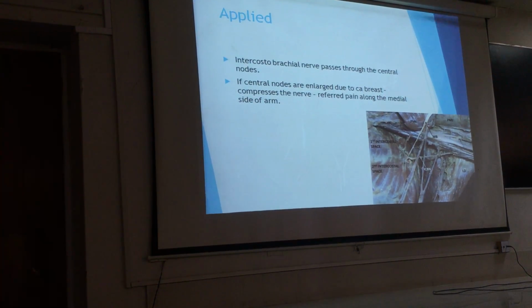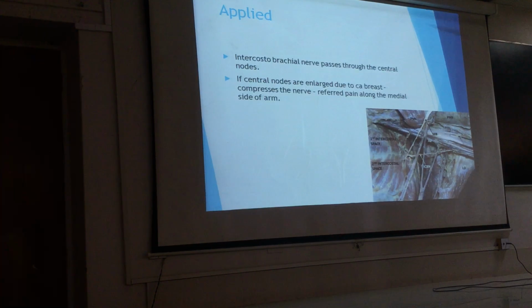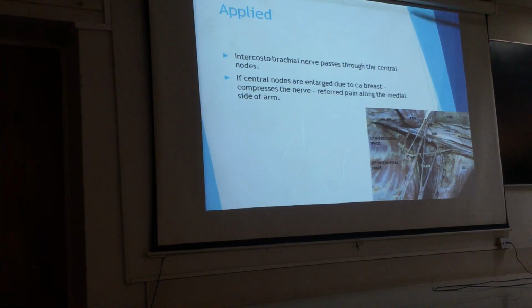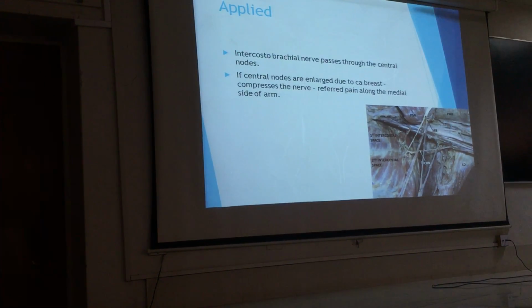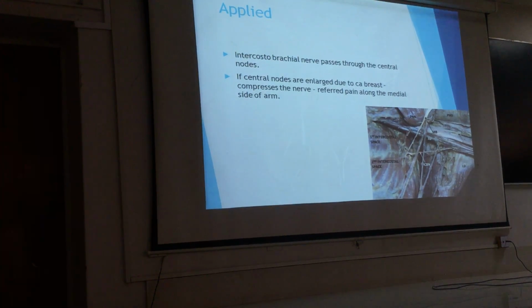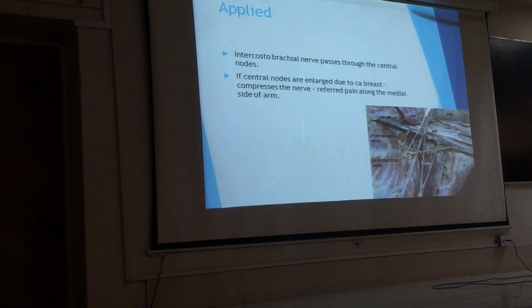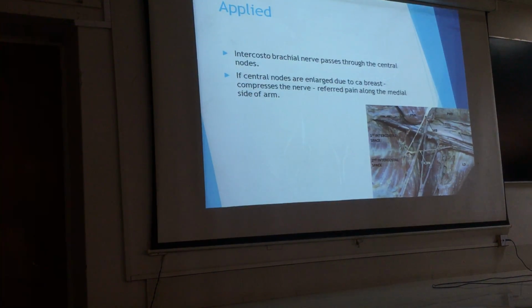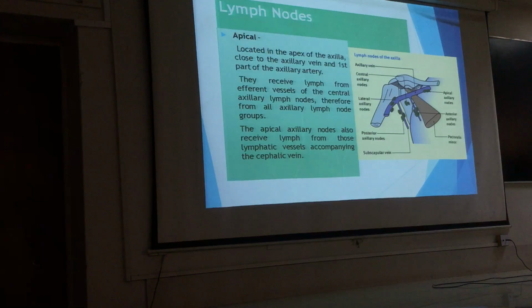So intercostobrachial nerve will be compressed because of the enlargement of the lymph node over there. And once the pressure appears, what it leads to? It leads to the pain on the medial side of the arm. So this is a condition which is connected to it because of the pressure, because of the malignancy which is present over there.